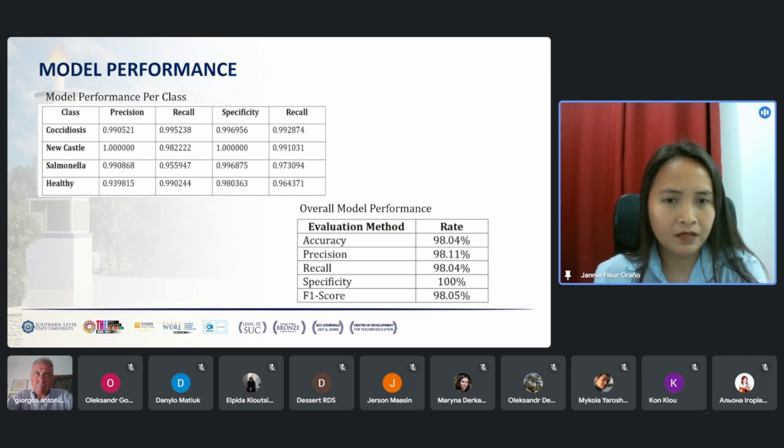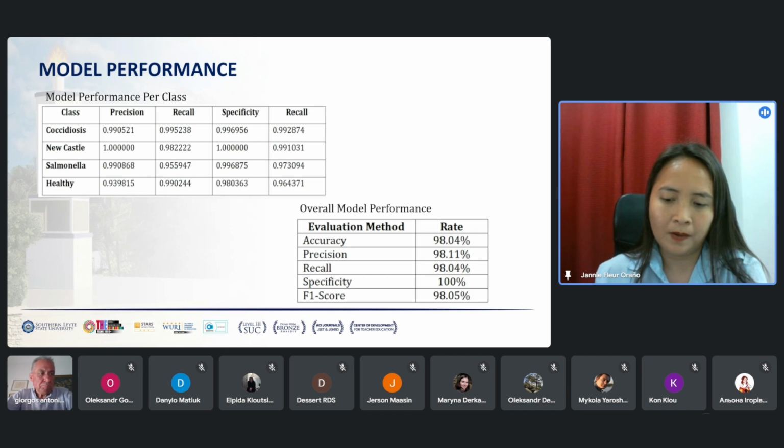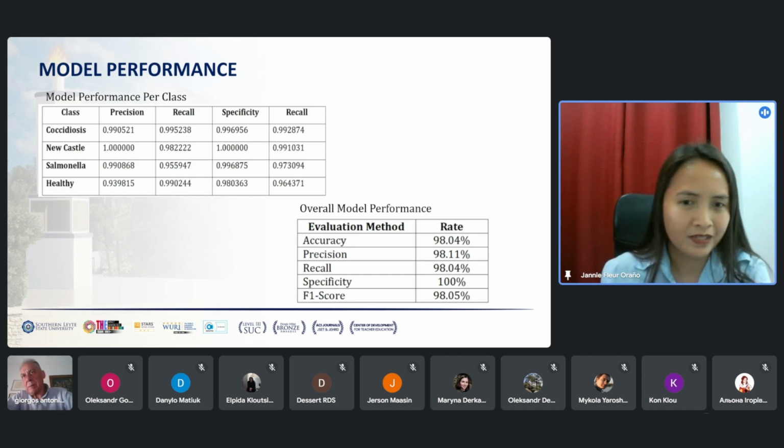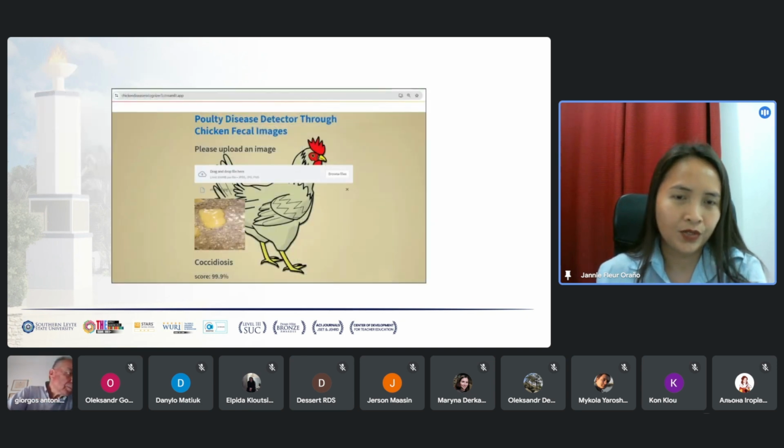And since, as we can observe from this performance evaluation, the model is good in classifying these instances of poultry diseases and the absence of these poultry diseases as represented by the healthy images, the model is now deployed into the app, this one.